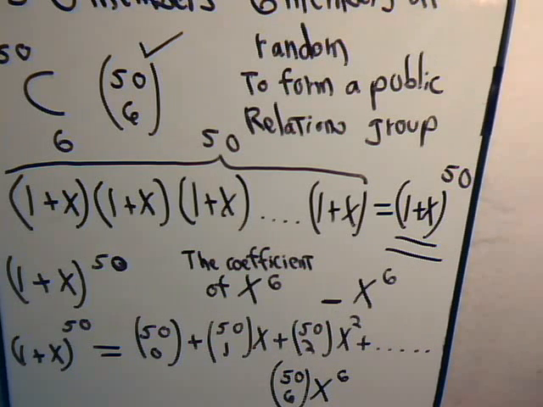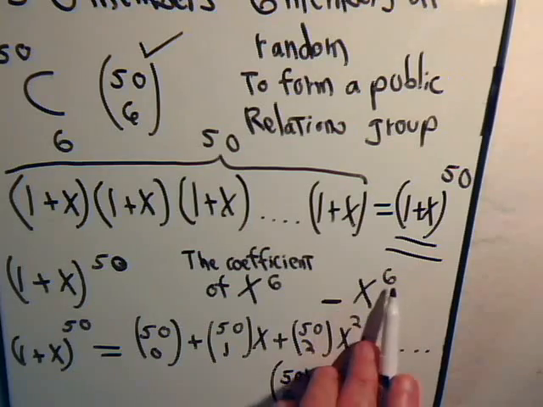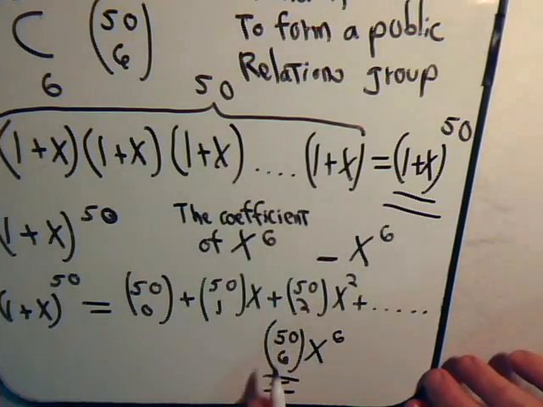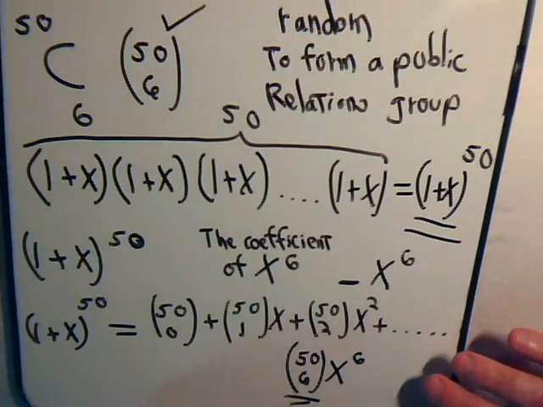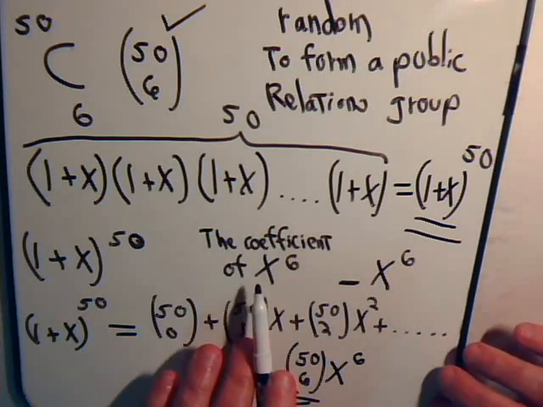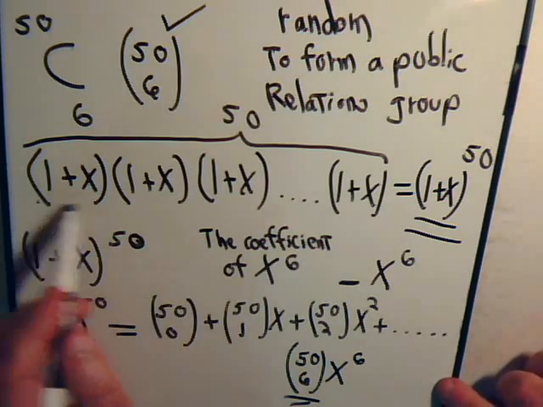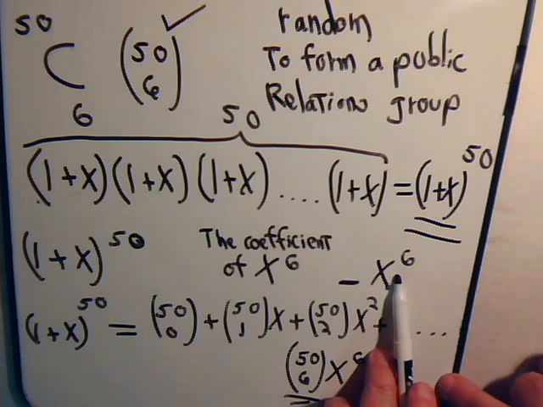Then we're interested in how many different ways can we select 6 members, and that then is the coefficient of x to the 6th, which of course is just this. But again, we chose this problem just to give a simple explanation of how we can use a generating function to solve a simple problem. Think of it like this, and then how do we find the coefficient of x to the 6th?